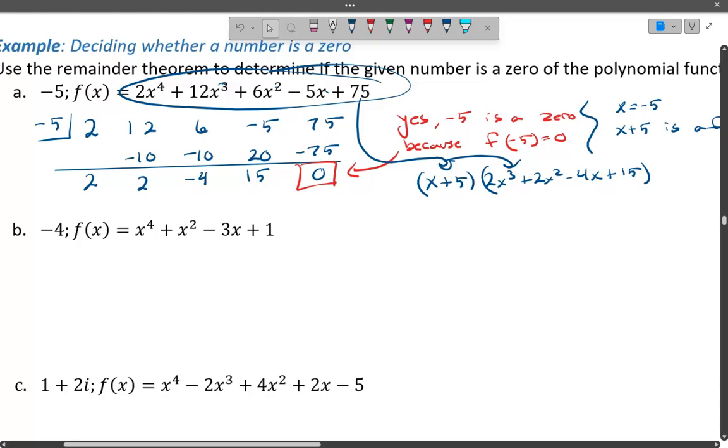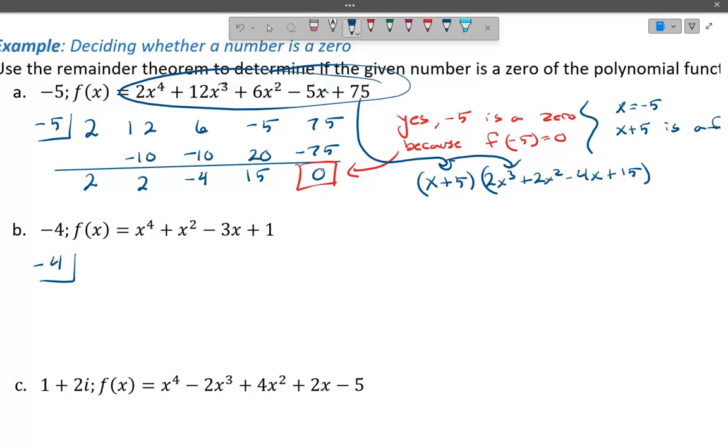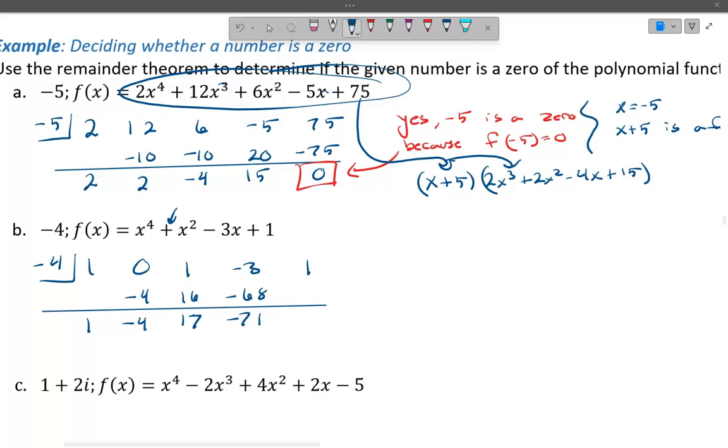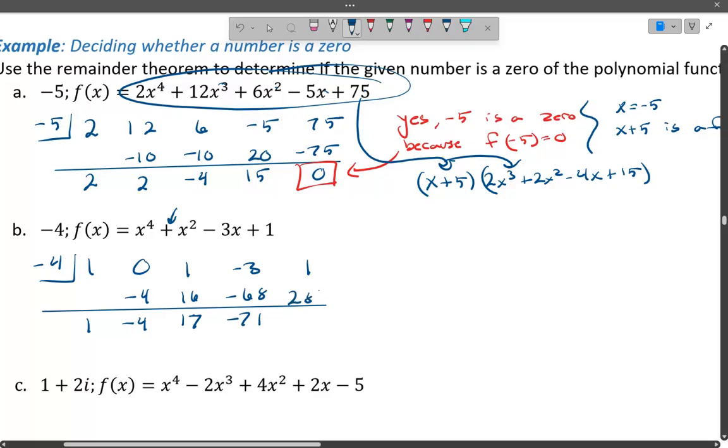Let's check to see if this one's a 0. So they give us the value of k. We've got our fourth degree, but we're missing the third degree, so we need a 0 placeholder. Then 1, negative 3, and then 1. So we'll add, multiply, add, multiply, add, multiply, add, multiply, add.